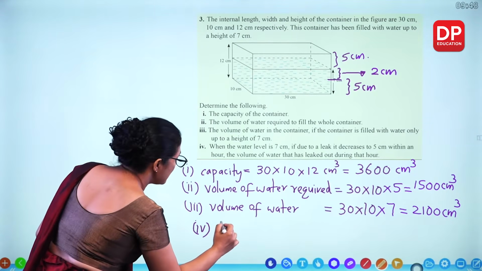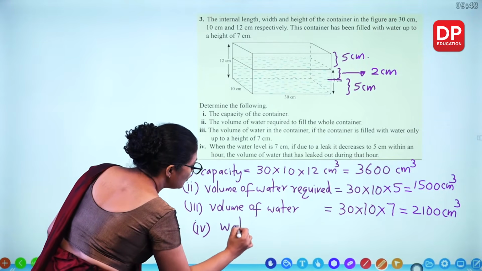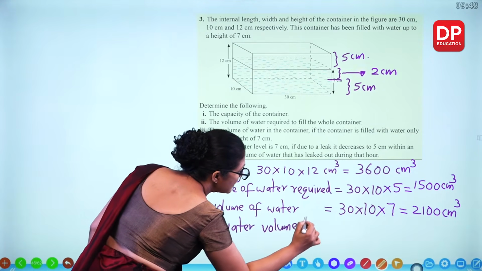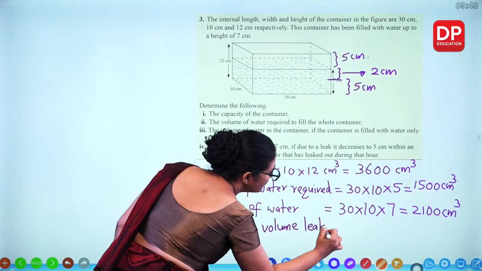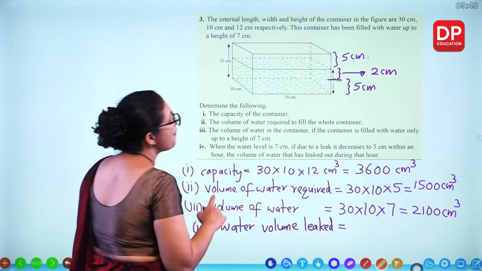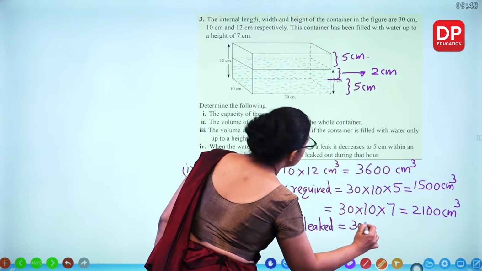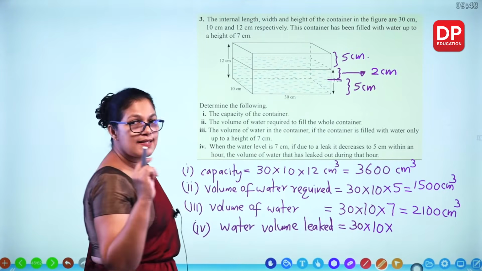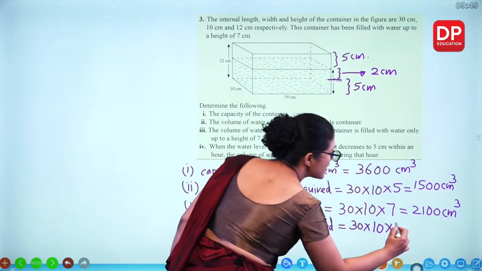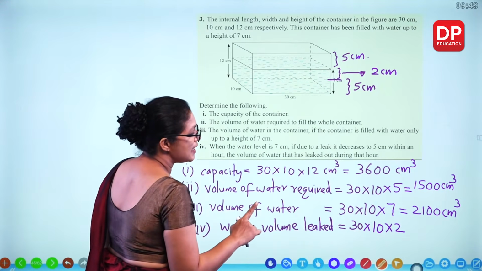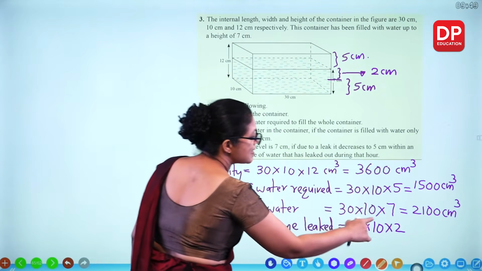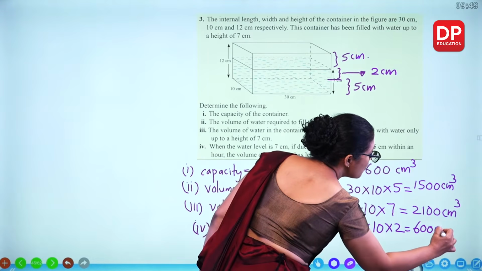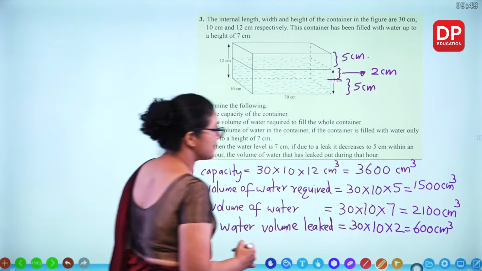We can write water volume leaked is equal to same length, same width, but now the height is 2 centimeters. So that's 2. So 30 times 2, 60, 60 times 10, 600 cubic centimeters.